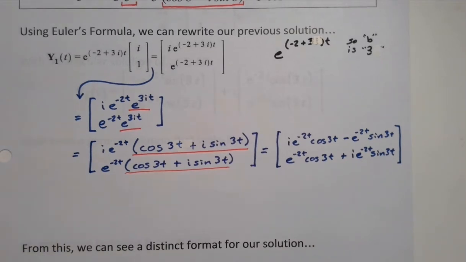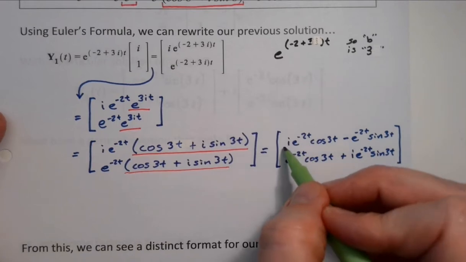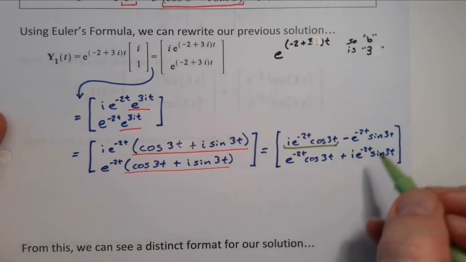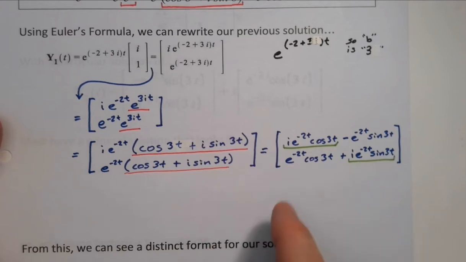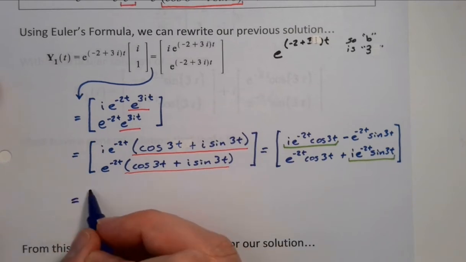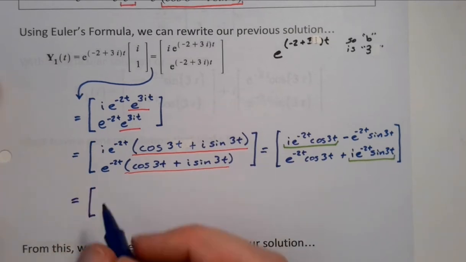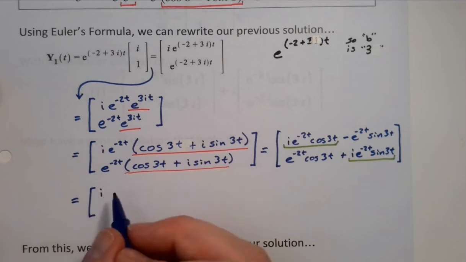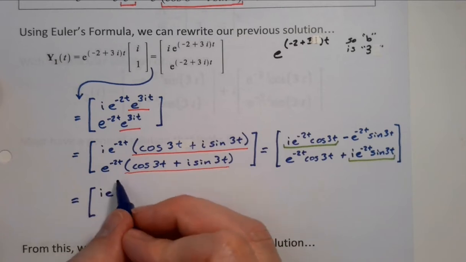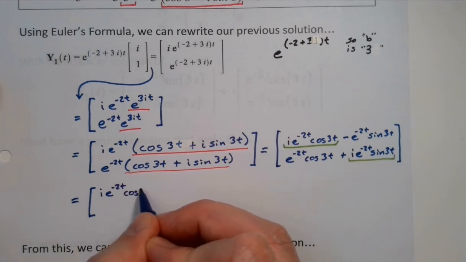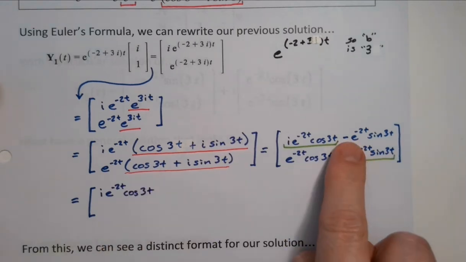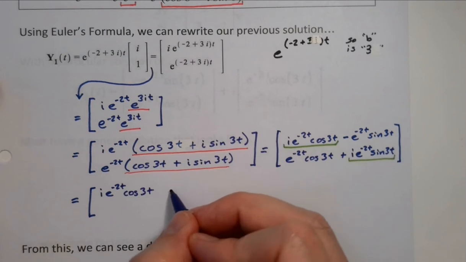So what I'm going to do is take the i term here and the i term here, and line them up vertically. And you'll see why in a second. So I'm going to suggest this is exactly equal to i e to the negative 2t cosine 3t, and then minus all this stuff that's left over.